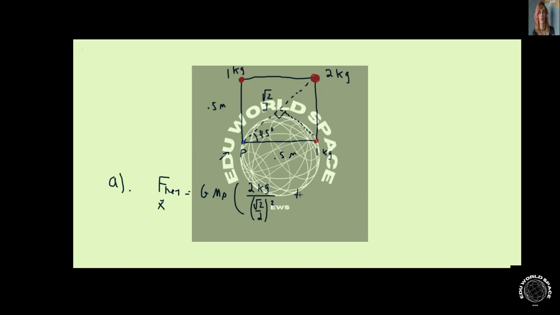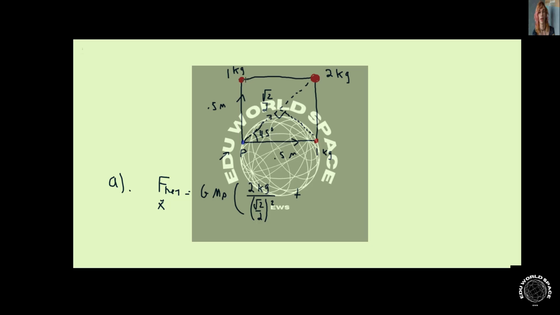Now we can add on the other forces. Again, this mass is pulling this way, this one pulls up, and their net contribution is going to be just along this line. We can get that by taking their full force in the horizontal or vertical direction and then doing cosine of 45. I've drawn in this line here. This is the full force, but we only want the component along this direction. So we can do cosine to get the adjacent term over the hypotenuse, the full value of the force.